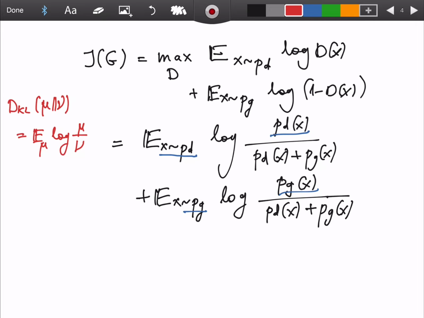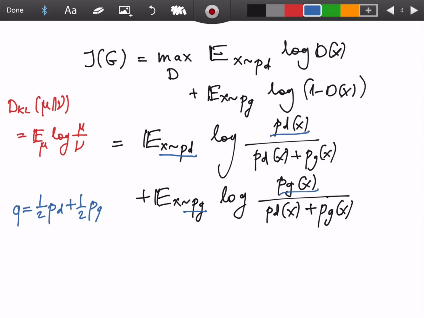So what we have here looks sort of like the Kullback-Leibler divergence. Let me define another density, let me call it Q. Q will be half PD plus half PG. It's a convex combination, and it's very easy to show that this is also a PDF, a valid probability distribution.